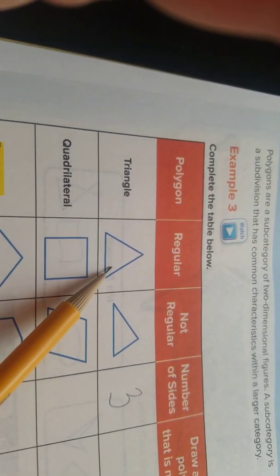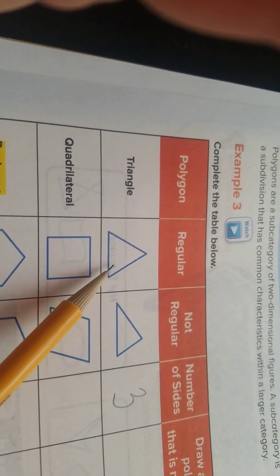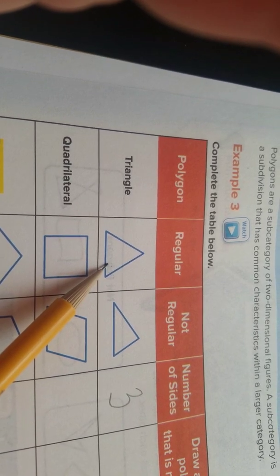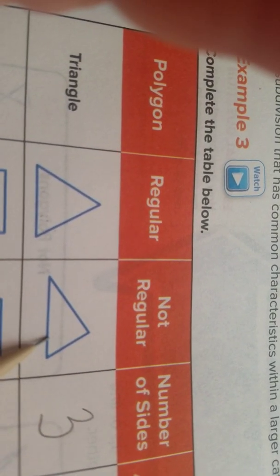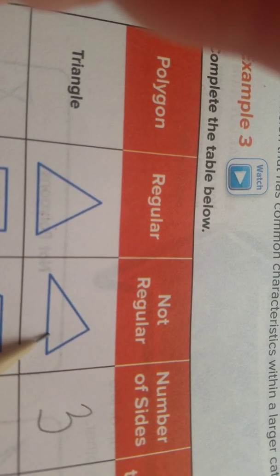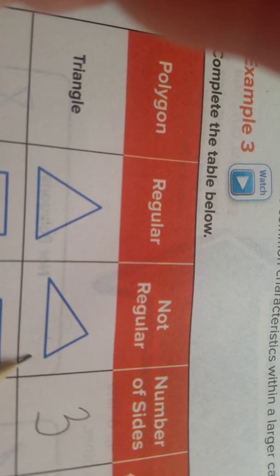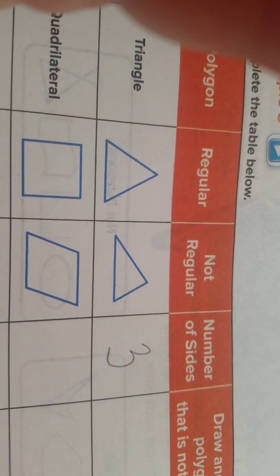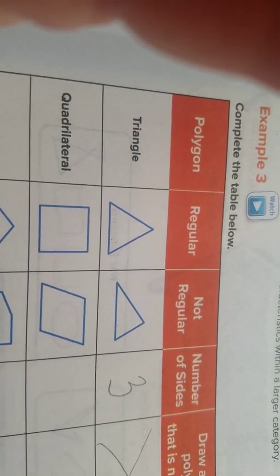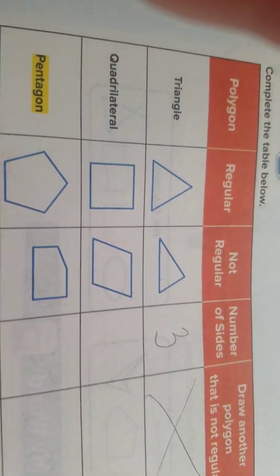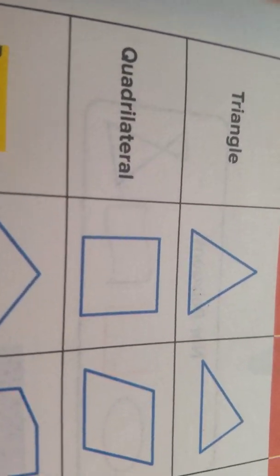When the three sides are equal, like they are right here in this first one, it's a regular triangle. When the three sides are not equal, like in this one, it's not regular. They want you to draw, we're not going to do this part because we already have two good examples, I'm sorry. Look at the quadrilateral.